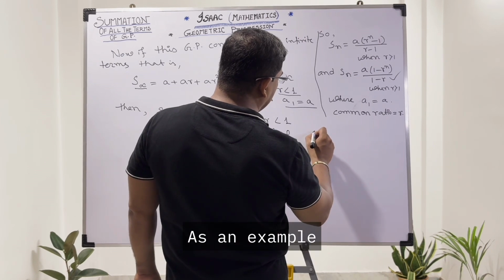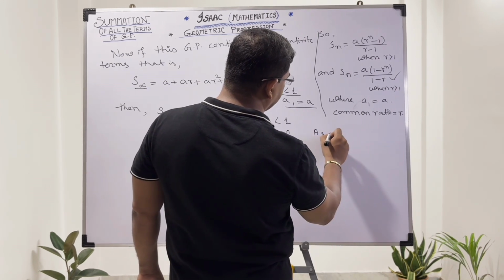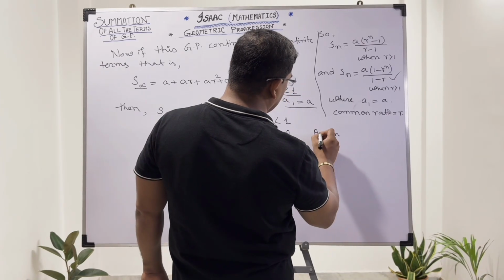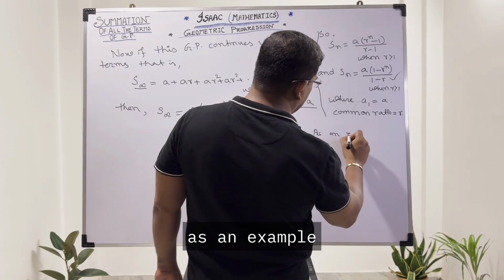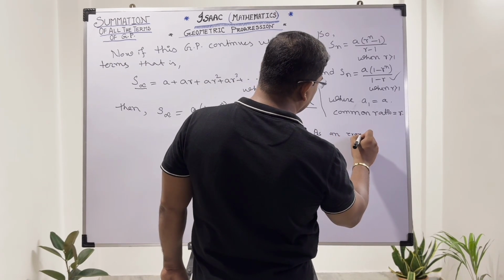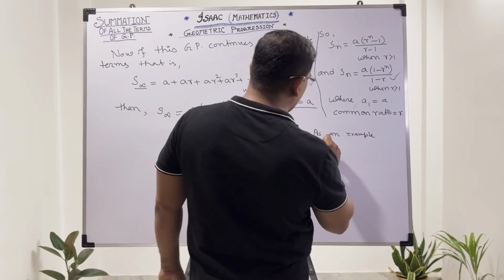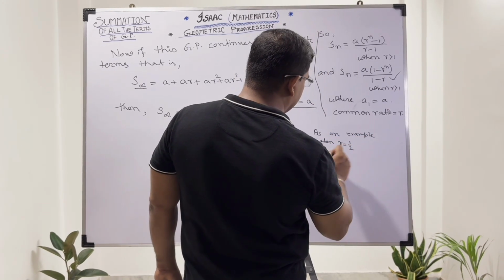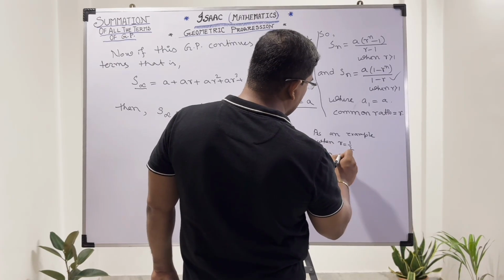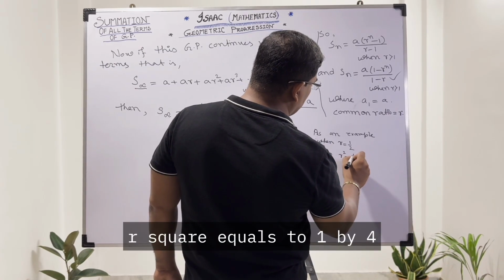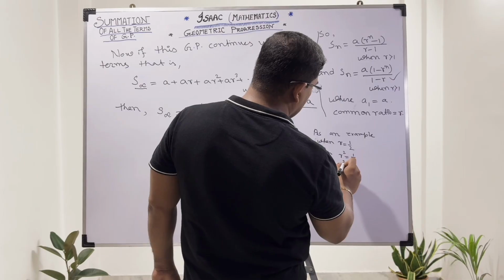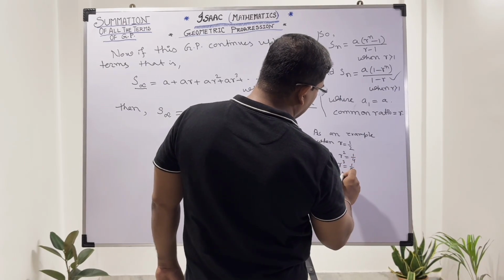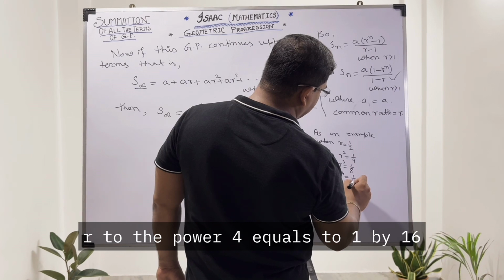As an example, when r equals half, then r square equals 1 by 4, r cube equals 1 by 8, r to the power 4 equals 1 by 16.